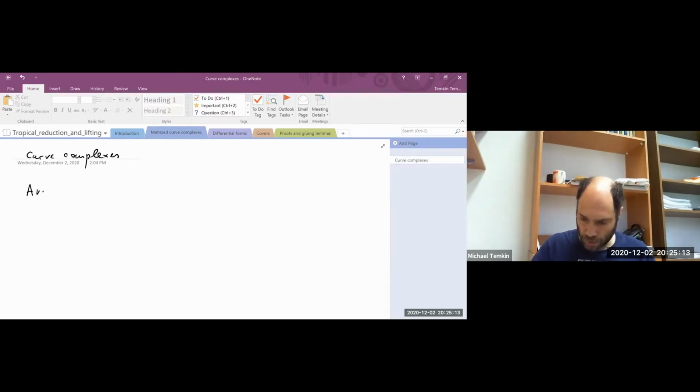This was introduced by Amini–Baker as an equivalent description of tropical reduction of a curve. So let's also assume that now X is a curve. It's nice, that is smooth, proper, connected, and let's assume that D is a divisor, just finitely many points.